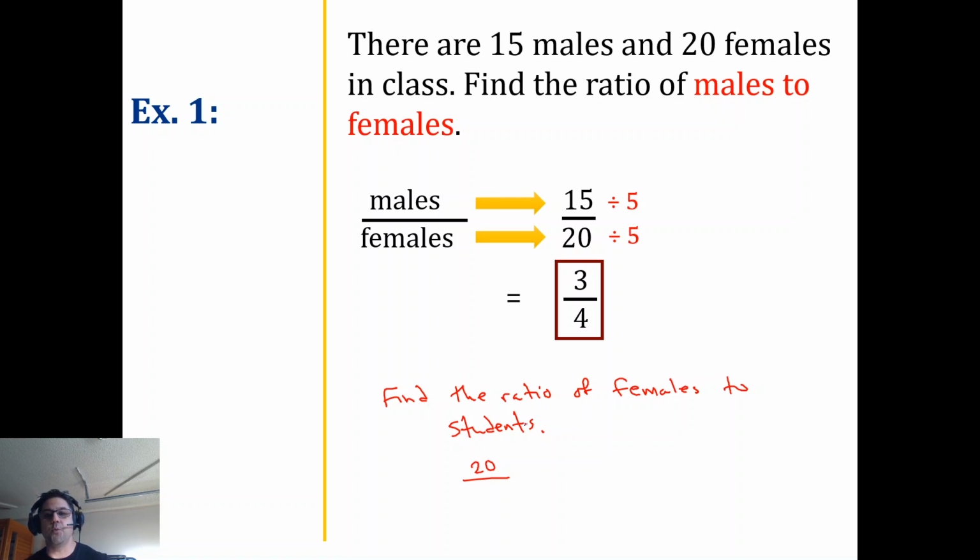Our denominator would be the students, and the total number of students is 15 males, 20 females, so that's 35. And then, of course, we could divide by 5 again. So this new ratio for a different scenario would be 4 over 7, or 4 to 7. So that's one small difference when it doesn't say just males to females, but females to students.